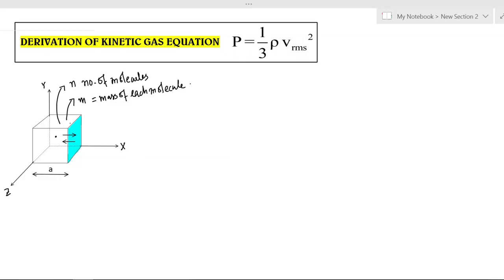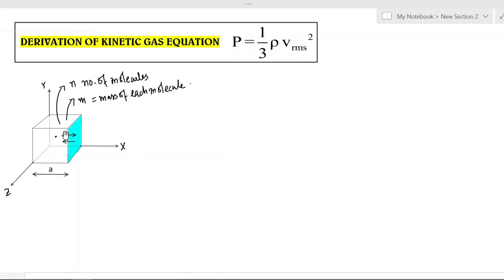Another important thing I missed to mention is that each side of this cubical container is taken as A. The length of the edge of this cubical container in the 3D space is A units.